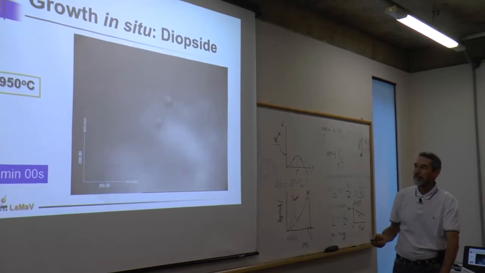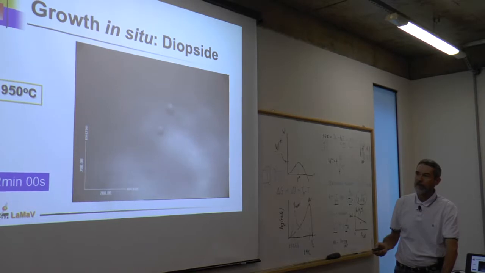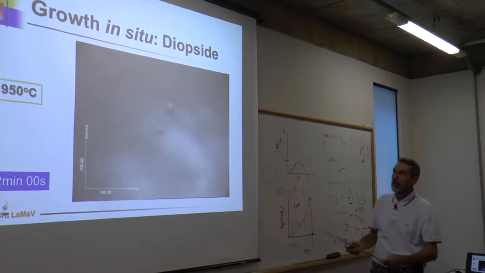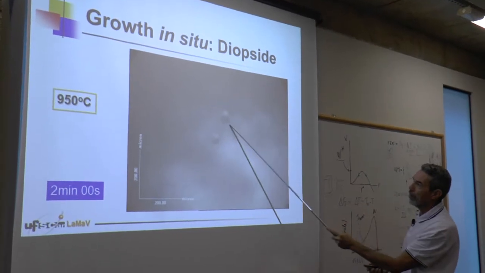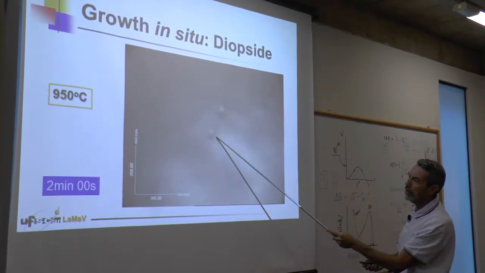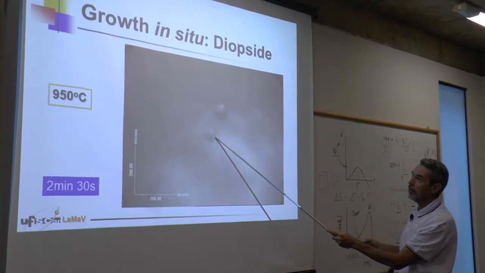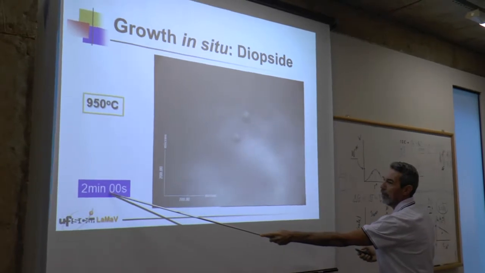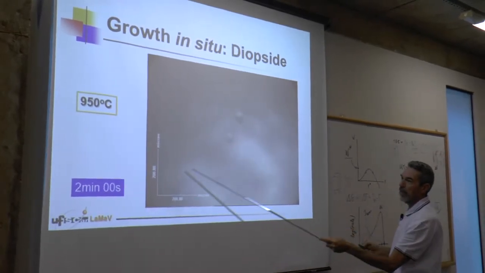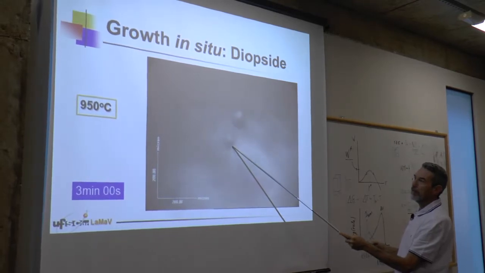And then, this is just for fun, to show you one of my ex-students has measured a growth rate in situ for a particular glass, diopside. You can see 2 crystals here, and then they grow after some time. See, 1 minute, 2 minutes, they're this size, 2.5 minutes, they grew a little bit, 3 minutes, grew a little bit.